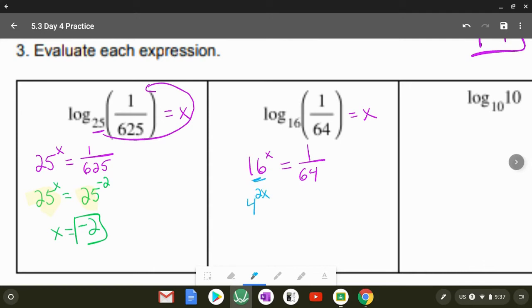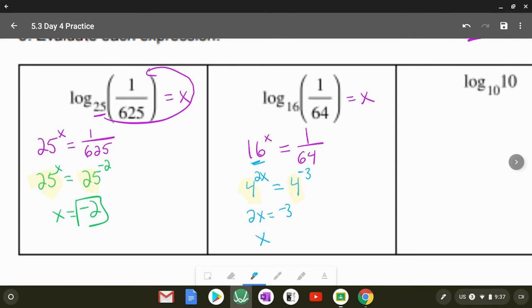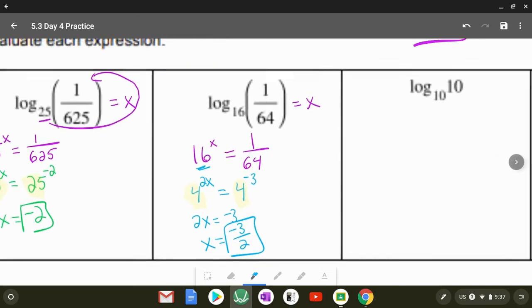Remember that x is over there, so we have 4 to the 2x, 4 squared is 16, and then 64 is 4 cubed, but again, because it's in the denominator, make it a negative. And again, now that the bases match, we can set the exponents equal, but in this problem, we got one extra step, so x equals negative 3/2, which again means that log base 16 of 1 over 64 is negative 3/2.